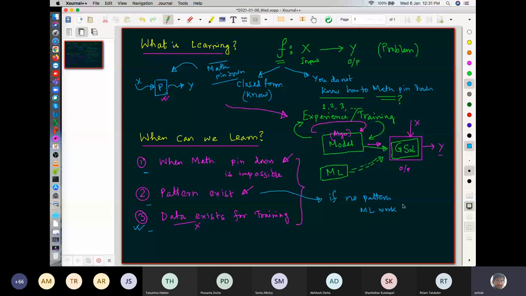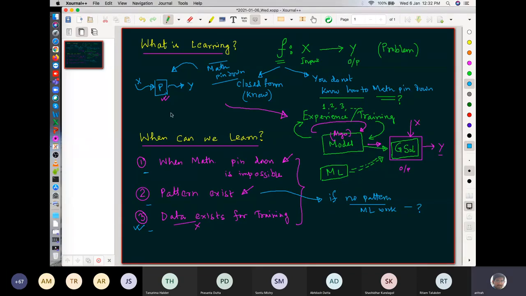But later we will see theoretically it will not work as well as we believe it to be, because as you can see, you do not have any basis to formulate your model. So it may work in a vaguer way than you have thought. So even if no pattern exists, you can apply your machine learning algorithms to build up a model, but it does not work as expected.